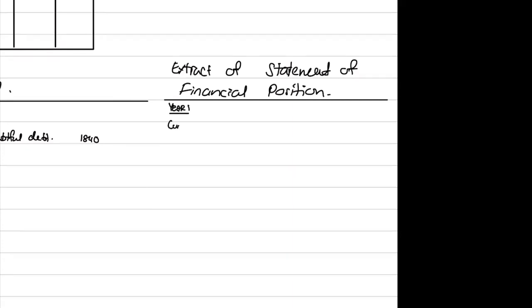We have to write under current assets. We need to adjust our trade receivable. Less, this one is a total.